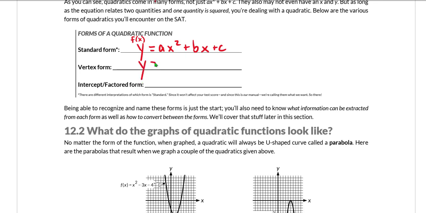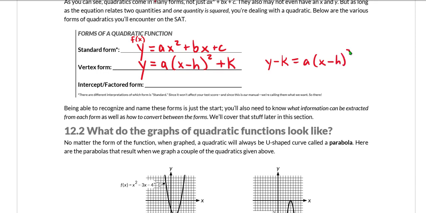The vertex form of a quadratic function is going to be y equals a(x minus h) squared plus k. Keep in mind that occasionally this form in school or in a school textbook might be written like this.